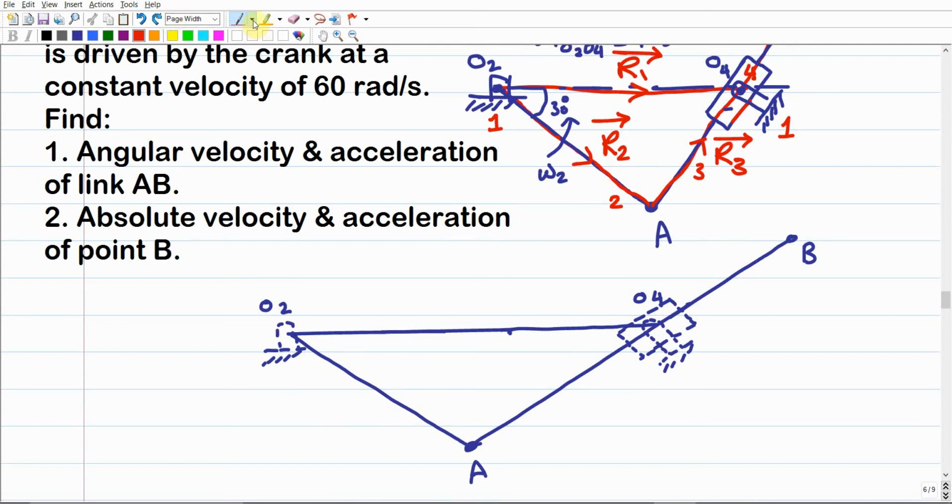So we do have R2 vector. Here we do have R2 vectors going in this direction. In addition, we do have R1 vector. In addition, we do have R3. And remember that R3 works for 2 things. It works for the link, indicating the link rotation, and it also represents the sliding motion of the link inside the slider itself.